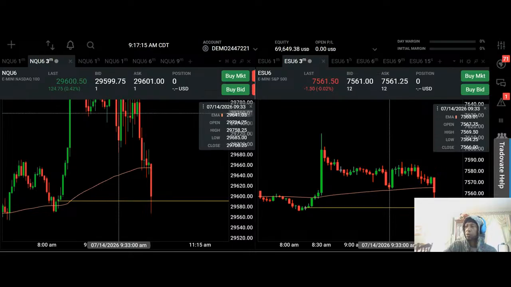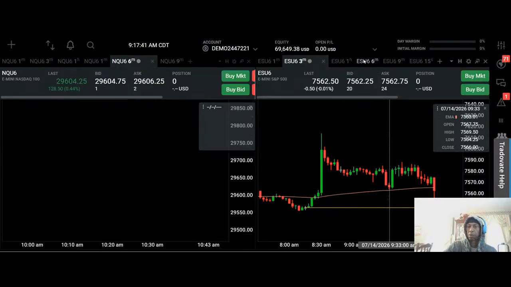Well, ES is close to it, but that's about it though. We're still holding on the 3 minute, dude. That low has been taken out on the 3 minute, which is important.